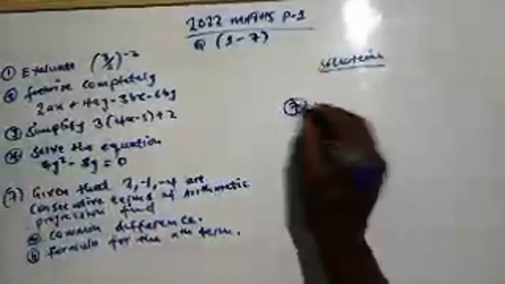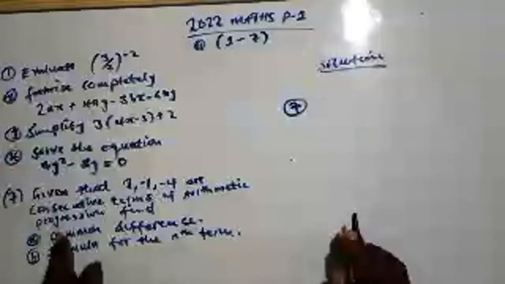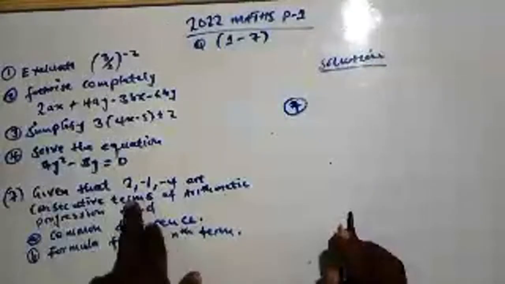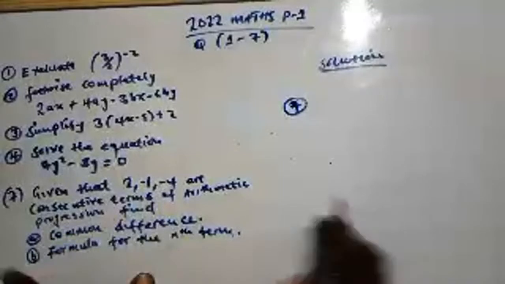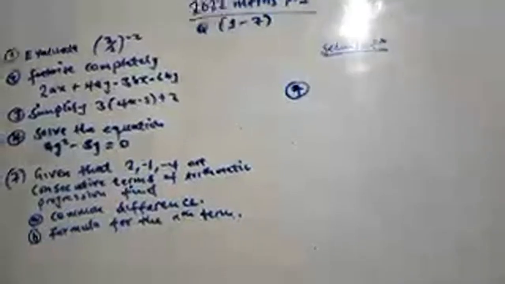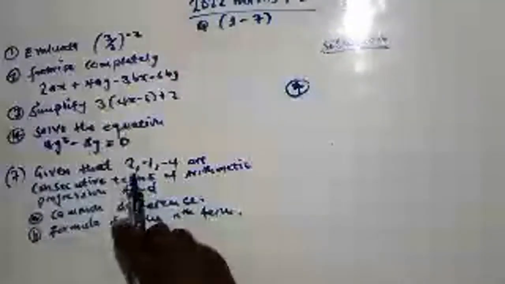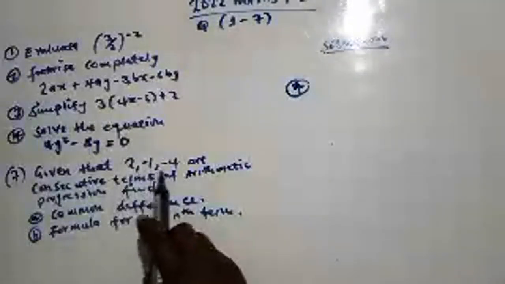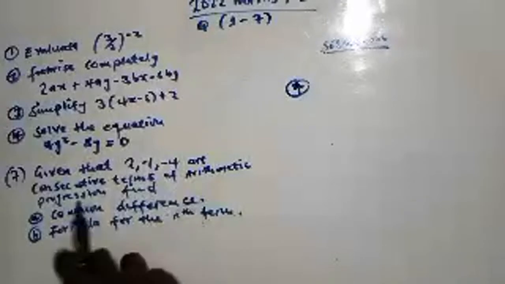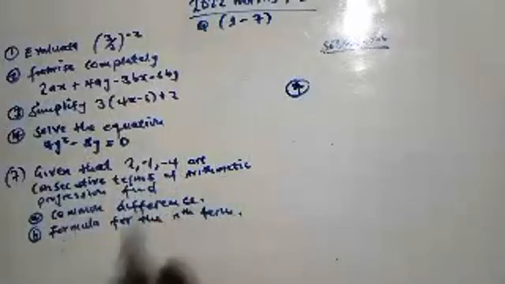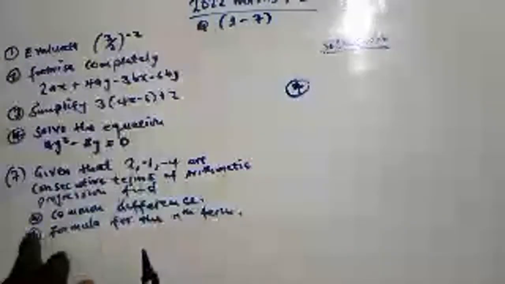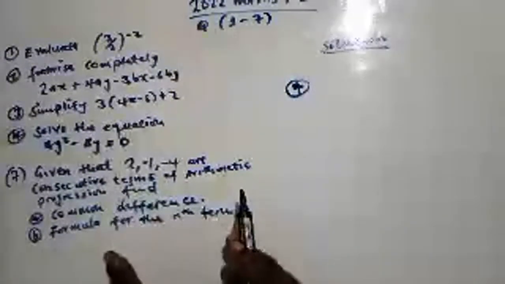So we have question 7 here. Given that we have this sequence, okay? Given that 2, -1, -4 are consecutive terms of an arithmetic progression, we are told to find the common difference.